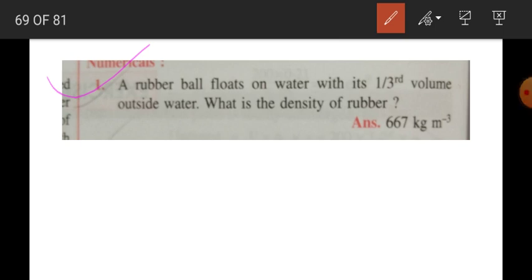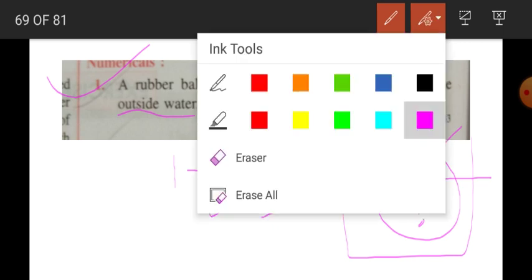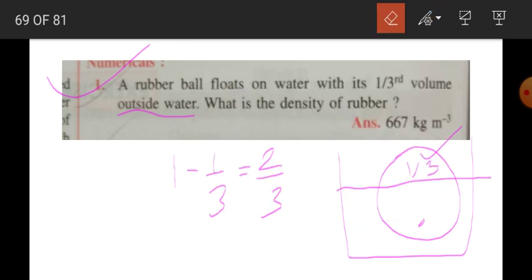A rubber ball floats on water with 1/3 of its volume outside the water. Here, the portion within the water is not given, outside the water is mentioned. 1/3 is outside the water, it is given, but we don't need this portion, we need the portion inside the water. So how much will it be? 1 minus 1/3, that is going to be 2/3. So 2/3 part is within the water.